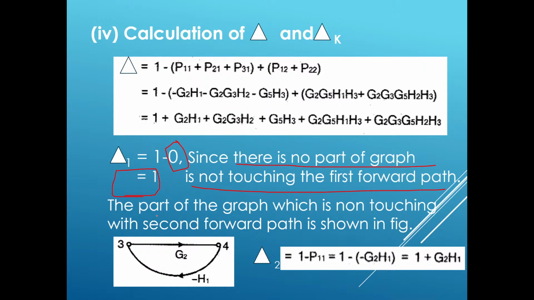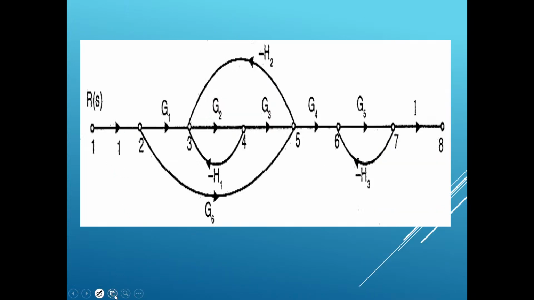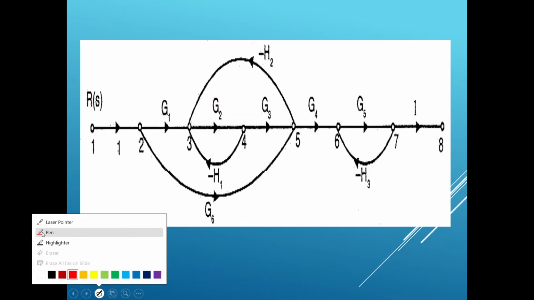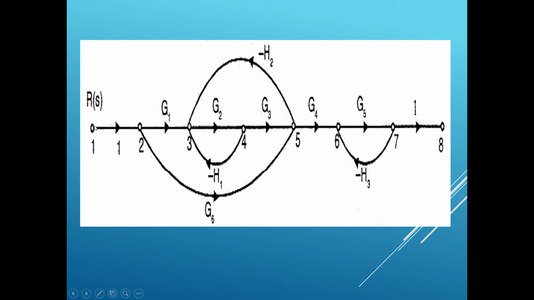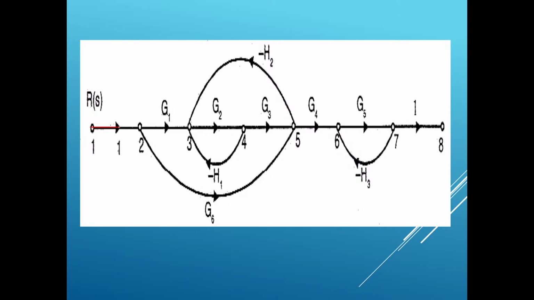Similarly, we have to determine delta 2. Is there any part of the graph which is not touching forward path 2? Let us see the forward path once. This is the graph. What was our forward path 2? This was our forward path 2.